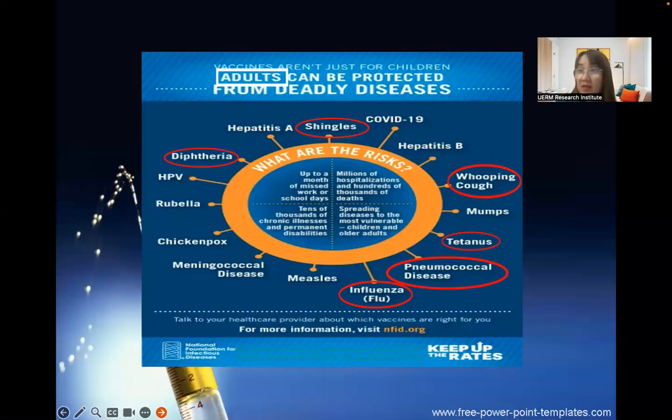Because of a relative immunocompromised state associated with aging, vaccination against influenza, pneumococcal disease, and shingles, or herpes zoster, become essential. And more importantly, COVID-19 vaccine. And for high-risk groups, vaccination for meningococcal, cholera, rabies, and typhoid.